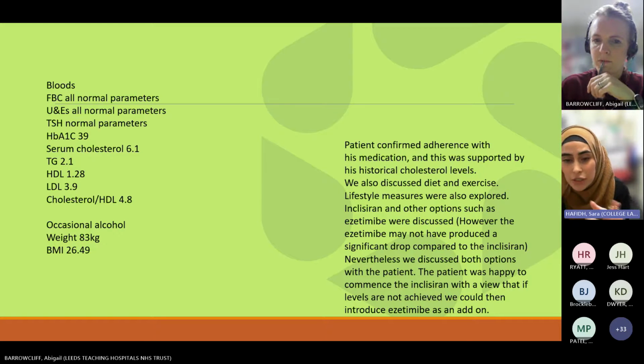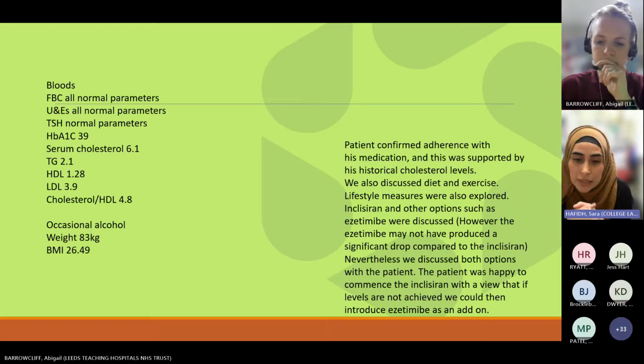So I explained to the patient that these are the two options we have. Inclisiran is known to reduce LDL by up to 50%, and we also discussed ezetimibe. We were looking at it as, let's get it done quickly, and then if we don't achieve the LDL target, we can add in the ezetimibe. So we've got another option in case we don't achieve target.